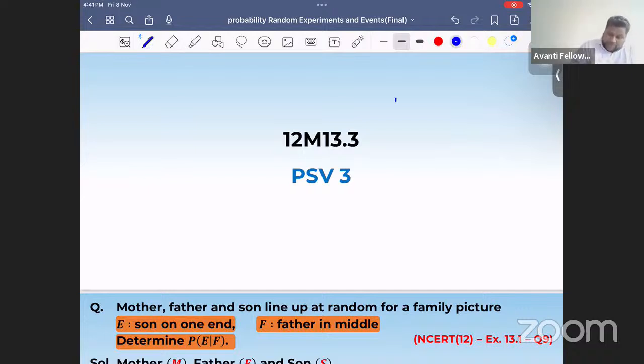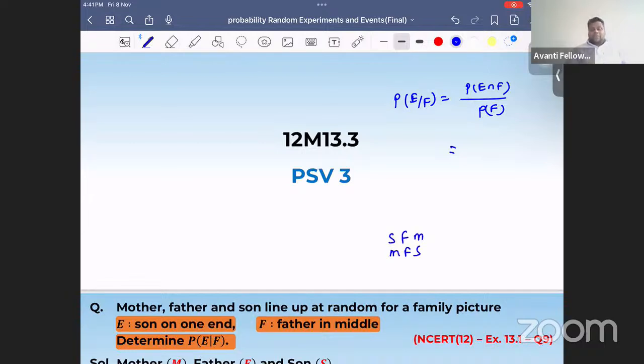See, E by F, probability of E upon F, that is probability of E intersection F upon probability of F. Now see, total ways of arrangement for them is 6. Yes or no? Now, event F is father in the middle. So son, mother and mother, son. There are 2 ways for them to get arranged. So denominator will be 2 by 6. Numerator is what?